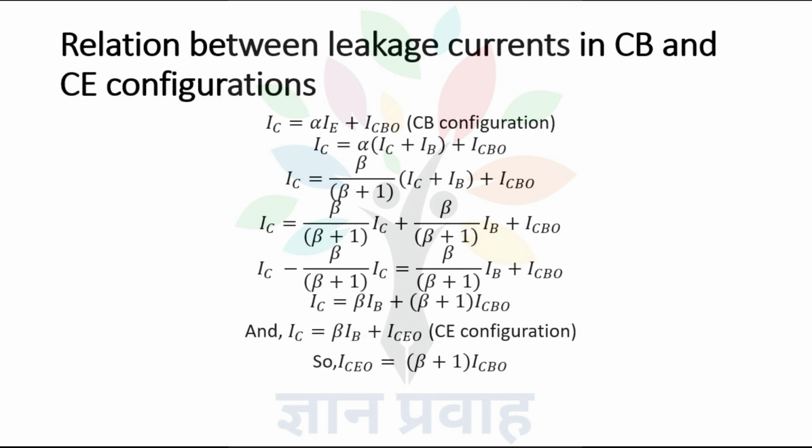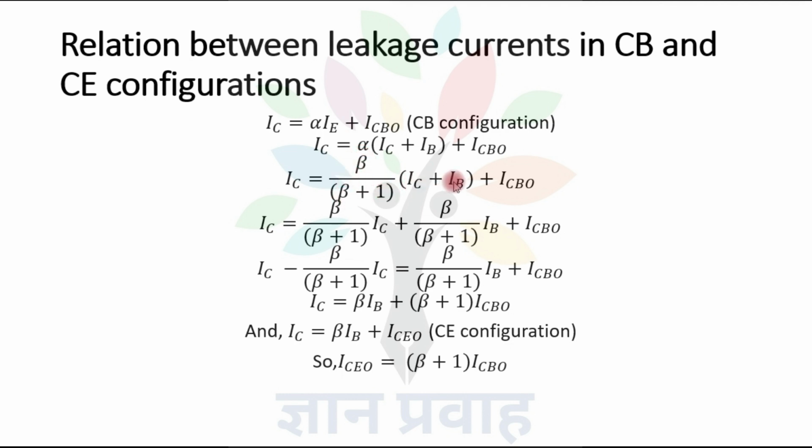Relation between leakage currents in CB and CE configuration. In case of common base configuration, IC equals alpha IE plus ICBO, the collector to base current when the emitter is open. So IC equals alpha IE plus ICBO, where IE equals IC plus IB. Alpha is simply replaced by beta upon beta plus 1.